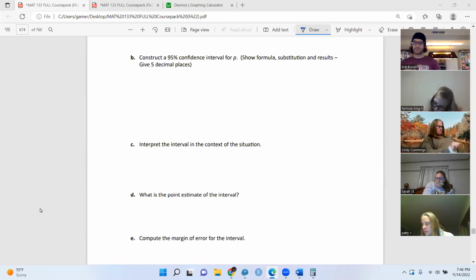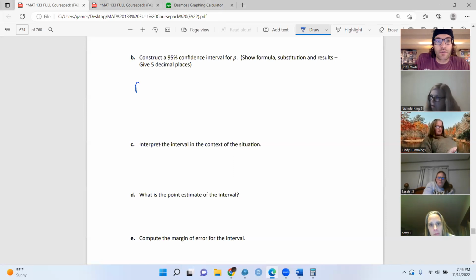How's everyone doing? Anyone know the formula for constructing a 95% confidence interval? Did you have that on your sheet? P hat plus or minus Z alpha over 2 times the square root of p hat q hat over n.